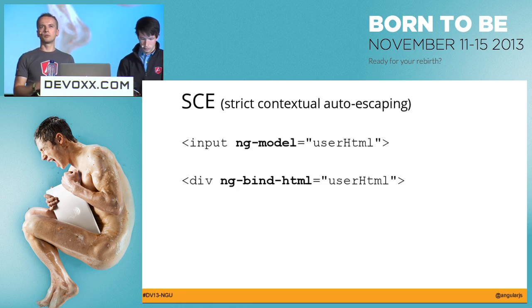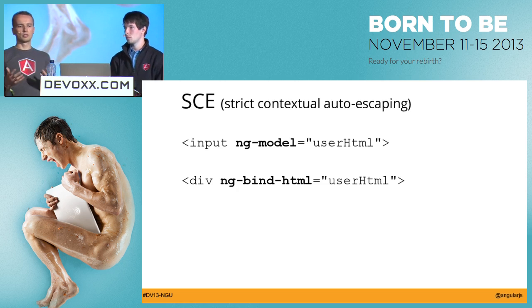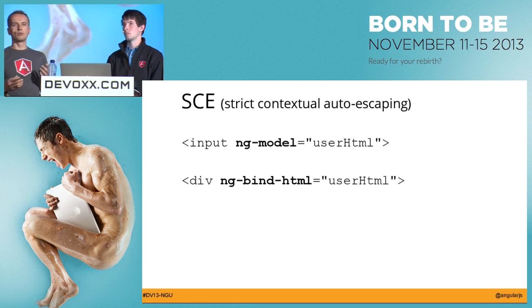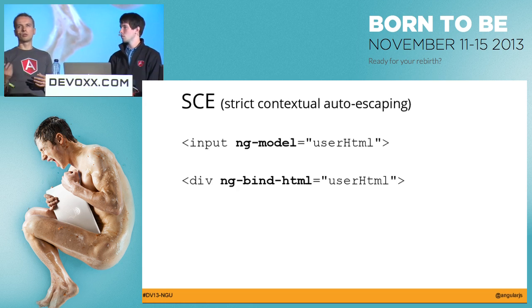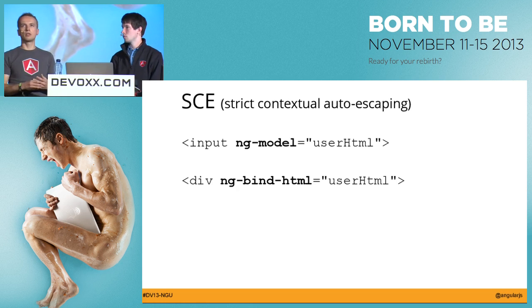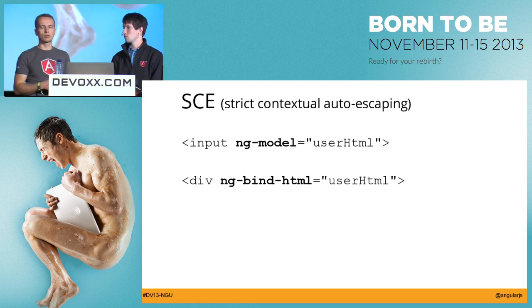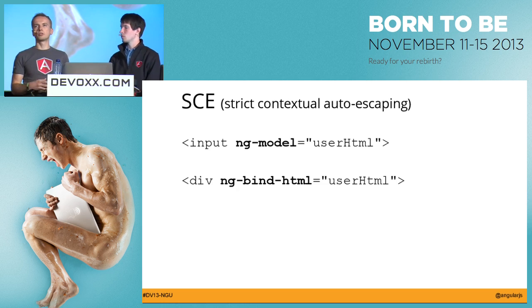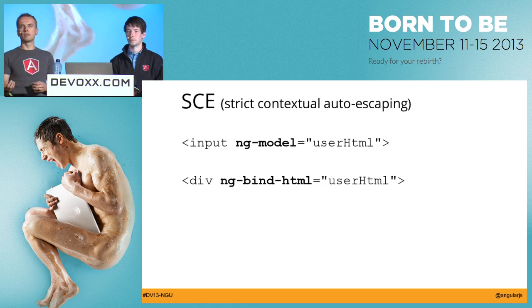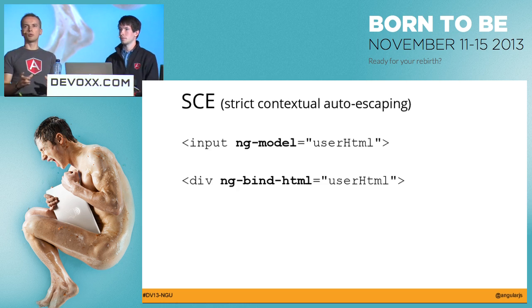If you know the difference between text content and inner HTML, this is what it boils down to. Whenever you have a string and you assign it to DOM node.textContent, this is a safe operation because the browser will automatically escape the string, and even if the string contains HTML, it will be displayed in the raw form in the browser.